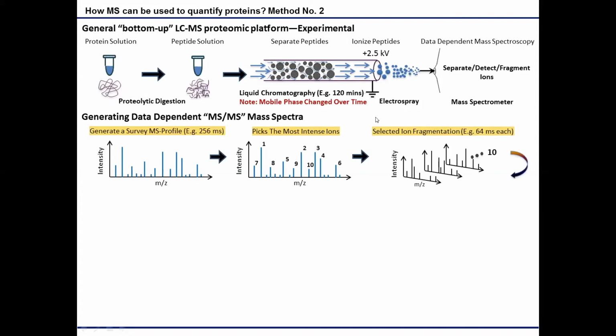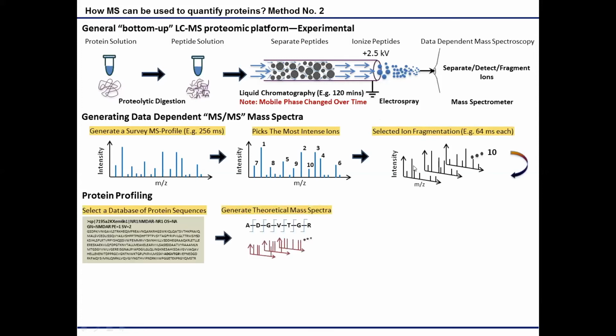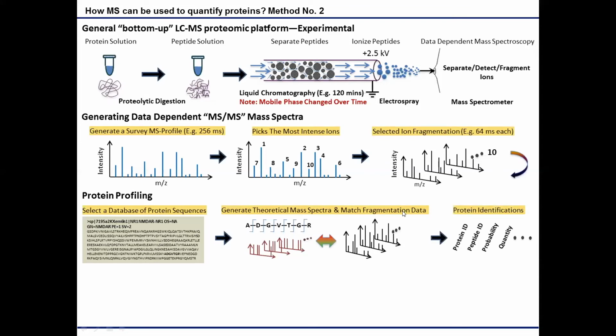Then, to assign peptide sequences for each of these experimental MSMS profiles, we select a database of protein sequences, generate theoretical mass spectra, and match them with the fragmentation data to come up with the list of protein IDs, peptide IDs, their probabilities and quantities.